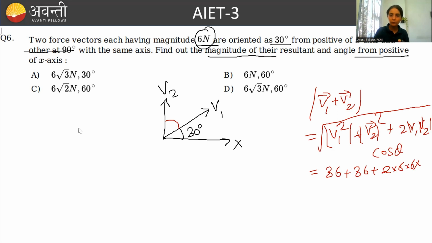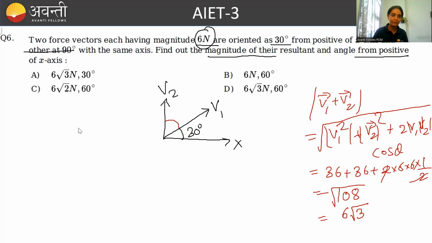Cos 60 is half. So 36 plus 36 plus 36, how much are we going to get? We are going to get 108, right? If we solve it, this will become 6 root 3.